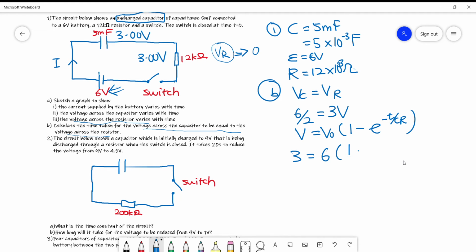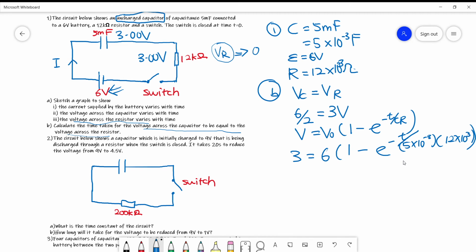So this is 1 minus e to the negative t over CR, and t is the one we need to find. The capacitance is 5 times 10 to the power negative 3, and the resistor is 12 times 10 to the power of 3.